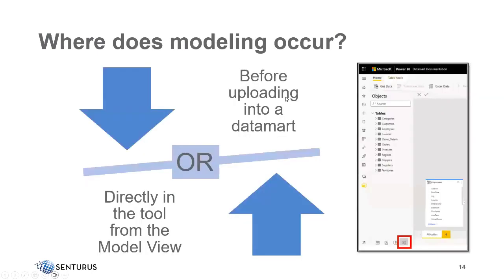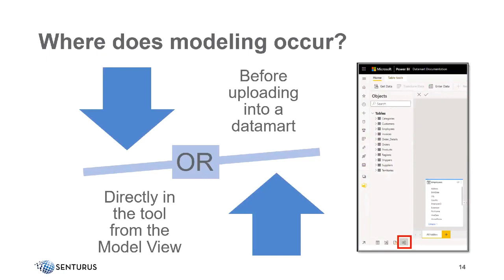All right. One of the things that does come up is, where do you model? You can model either upstream or in the tool from the model view. This is going to give you the exact same interface that you would have if you were doing this in Power BI Desktop when you do a get data.